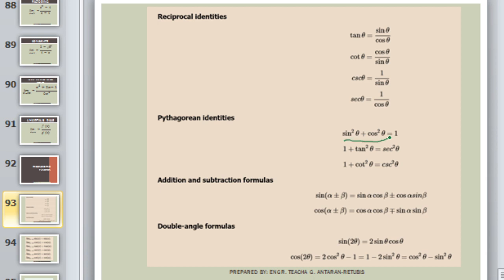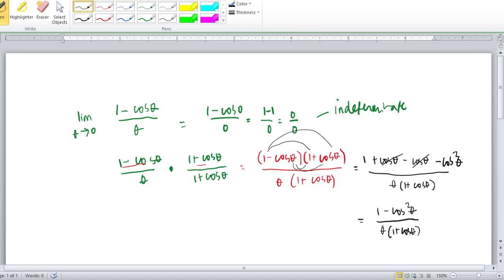Kung i-transpose mo itong cosine squared theta, so 1 minus cosine squared theta is equal to sine squared theta. Okay, so yan yung gagamitin natin class. So, instead of this one, magiging sine squared theta na lang siya all over theta, 1 plus cosine theta. Do you follow? 1 plus to 1 plus. Okay, balikan natin.